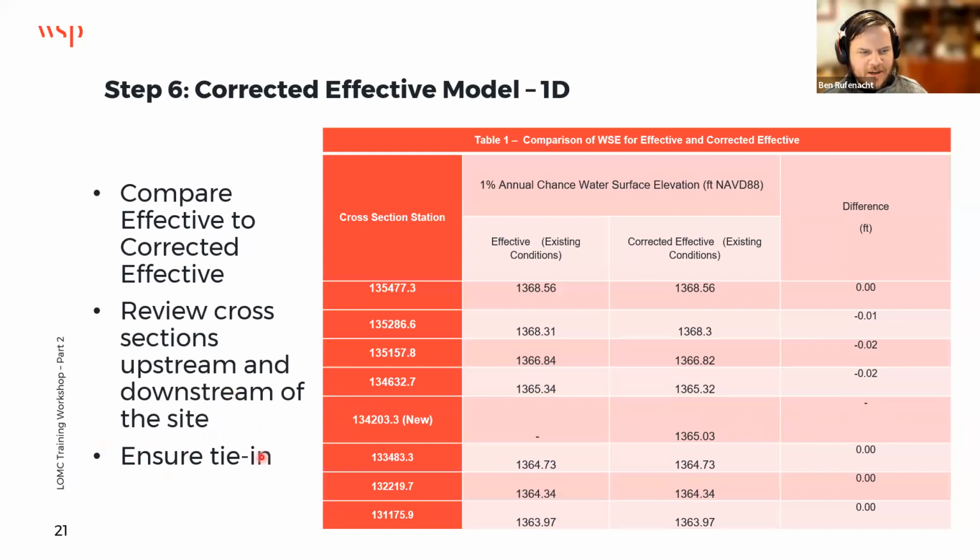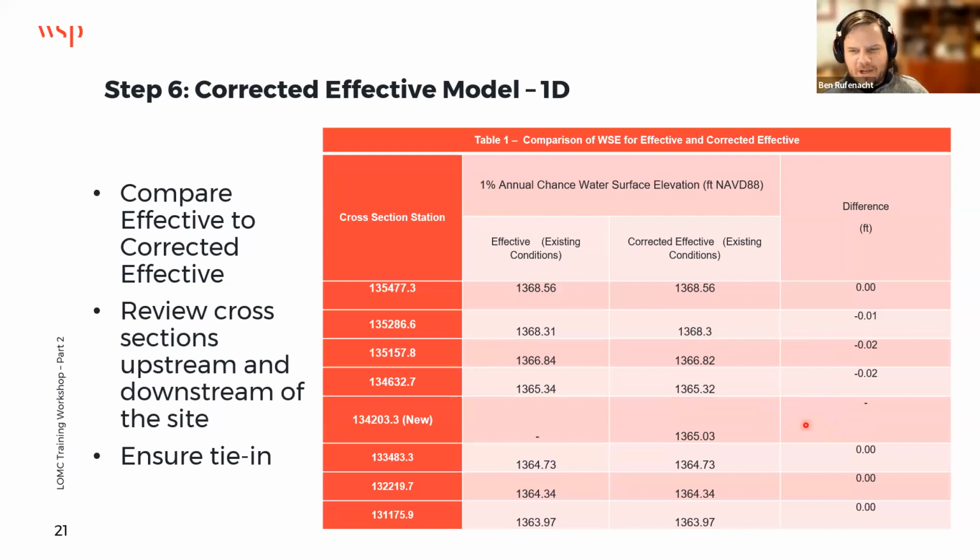We do want to make sure that we tie in to our effective model. And what that means, if this were in the tenths, we would probably have to look at changing more cross sections or extending our study area. And then if we're actually impacting these areas, then any properties that touch anything in the changes, of course, we're going to have to get.